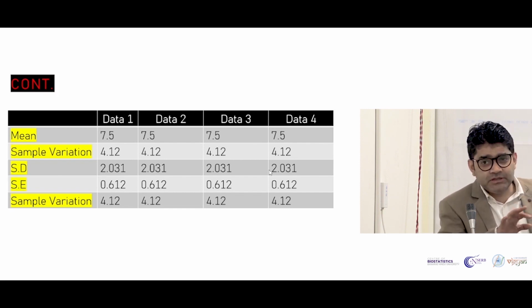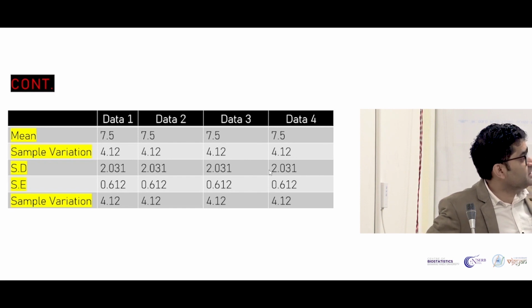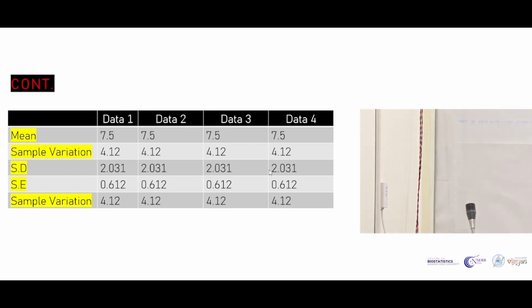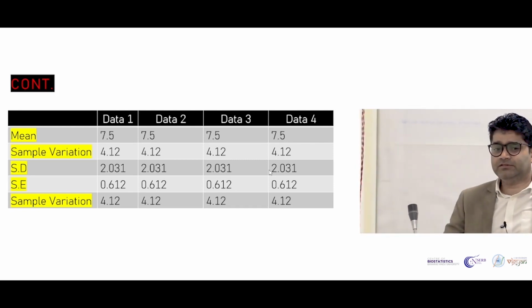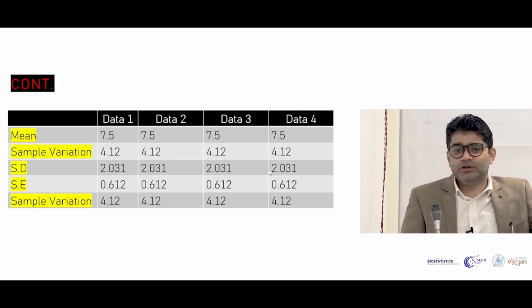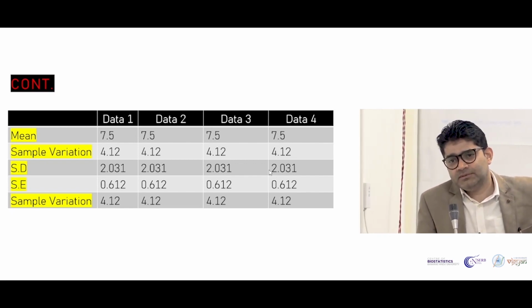That means the dispersion in the overall data is also the same. Standard deviation, which is nothing but the square root of this, is the same. Sample variance repeated twice. And the last one is the standard error. We will come to that. But here also we are getting the same. So based on the numeric presentation, what we feel, all the 4 data sets are the same.